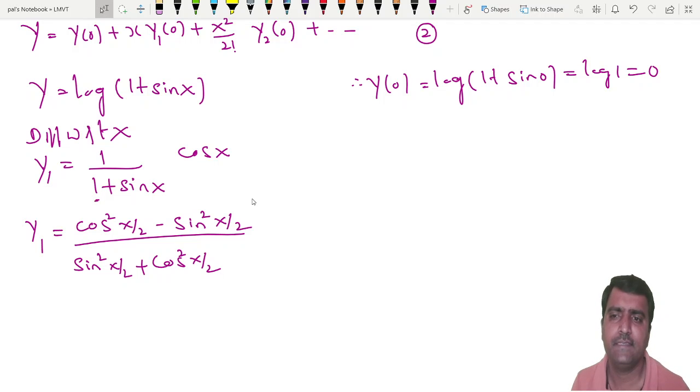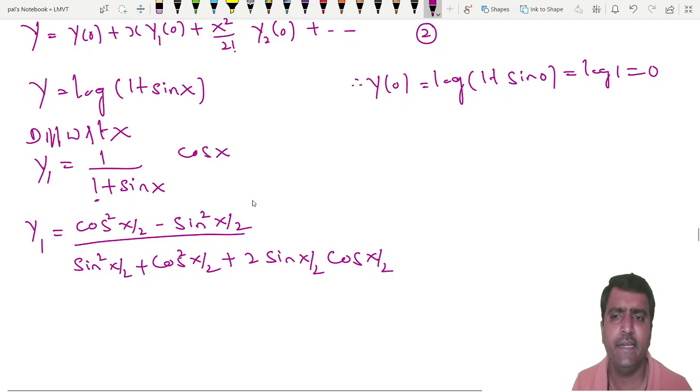Next, sin x can be written as 2 sin x by 2 cos x by 2. I am just using some trigonometric identities here.